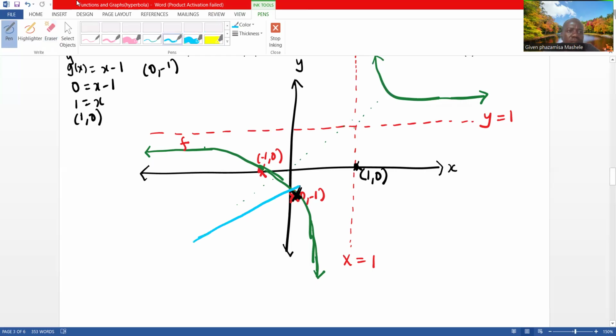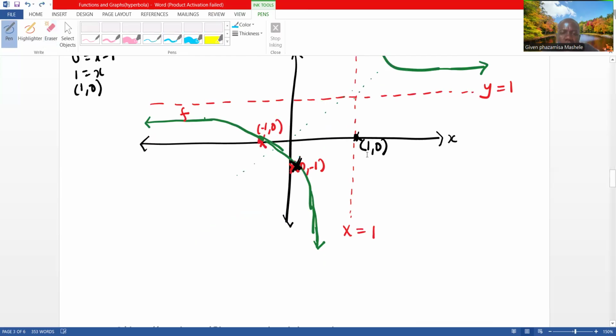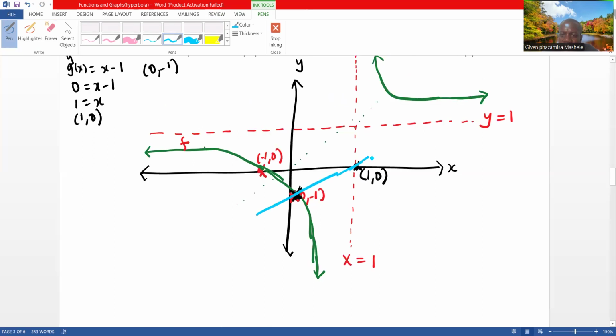Okay, sorry. Yes, okay, then now it means the graph will pass through this point. The graph will pass through the point, even there, up until it touches the other part.